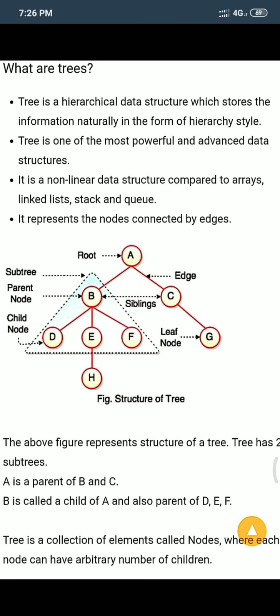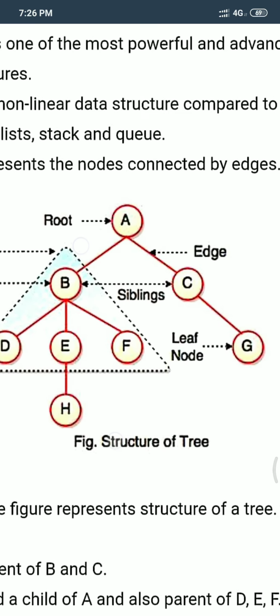In the given figure, A is the parent of B and C, and B is called a child of A and also the parent of D, E, F. I hope you are understanding.